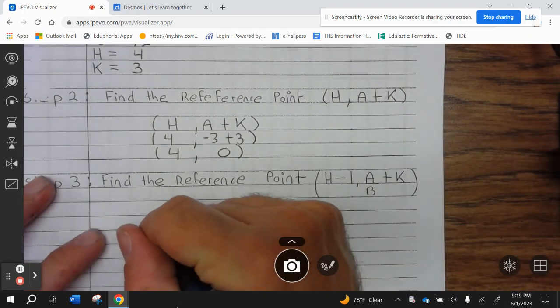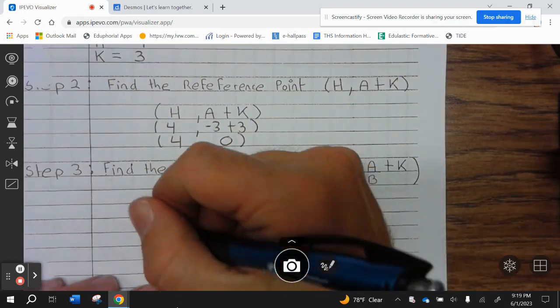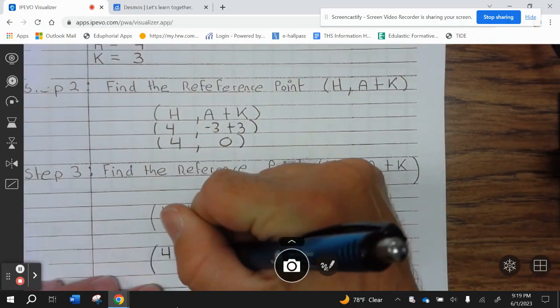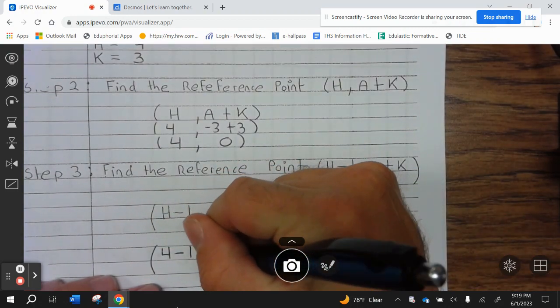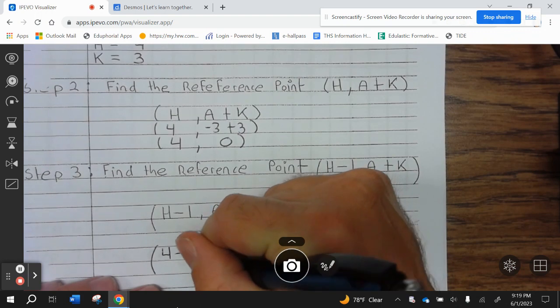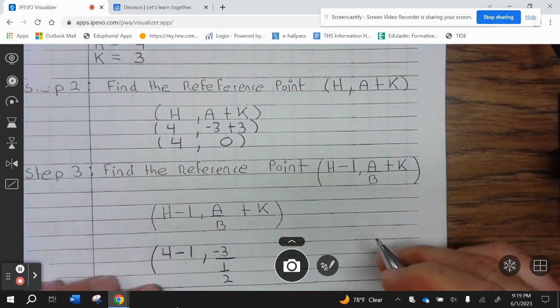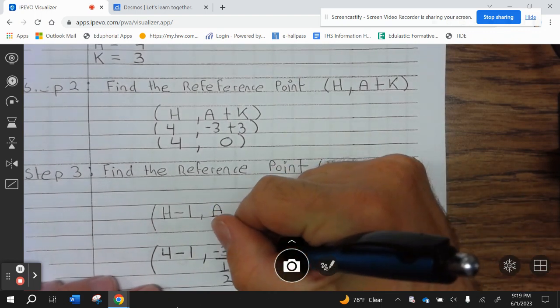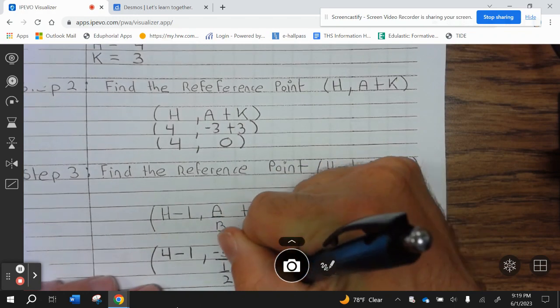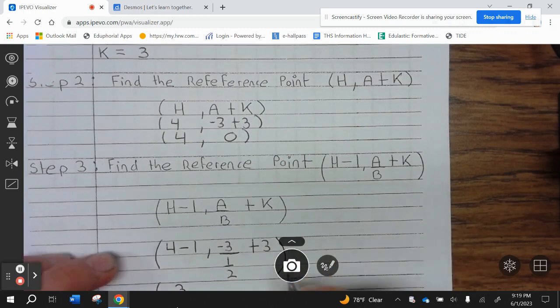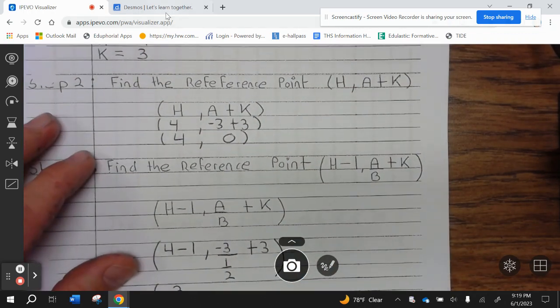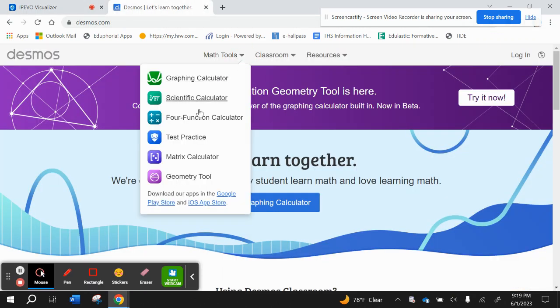Okay. Now find the second reference point. So h is 4 minus 1, comma a divided by b. So that's -3 divided by 1/2 plus k, which is 3. Okay. Well, we know 4 minus 1 is 3. Let's go ahead and use Desmos to get the other. So we just want scientific calculator.